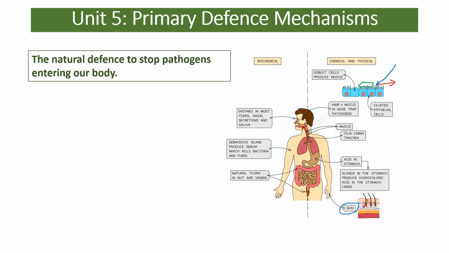So you have cilia, which are little hairs, and mucus in your throat, which captures the bacteria. The cilia then waft the bacteria back up to the top of your throat, where you swallow it. That takes it down to the stomach to be killed by the hydrochloric acid, which is the stomach acid, and you must say it kills the bacteria.